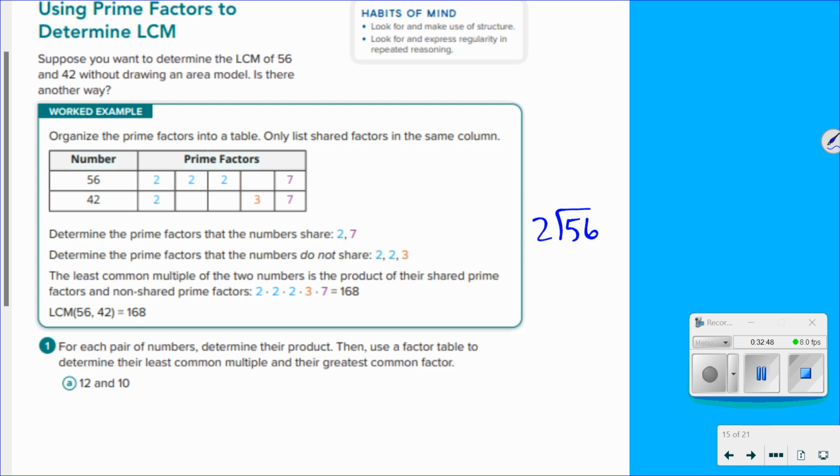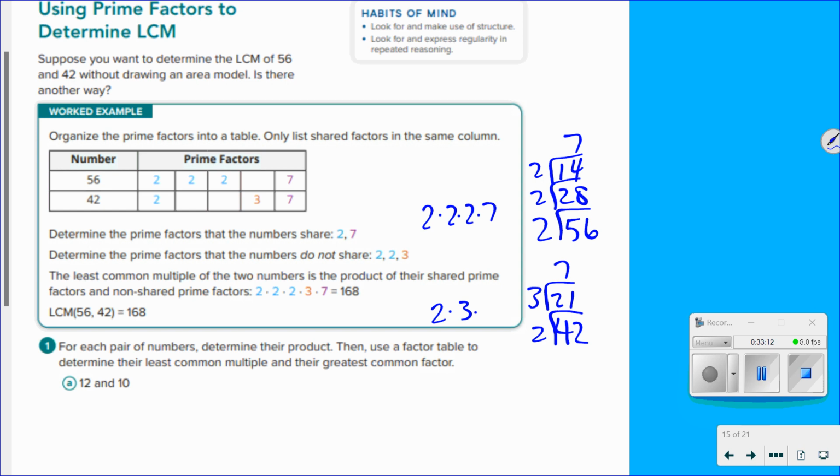56, I can divide by 2. 28, divide by 2. 14, divide by 2. Gives me a 7. Good luck getting that fast on a factor tree. Okay? 42, divide by 2 gives me 21. Divide by 3 gives me a 7. So 2 times 2 times 2 times 7. 2 times 3 times 7.